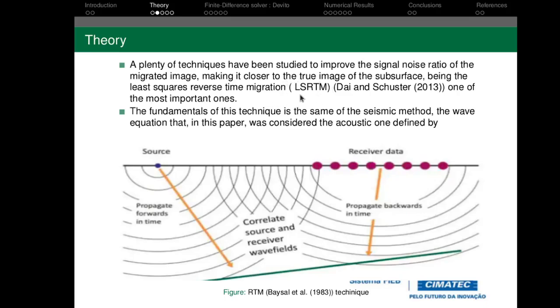So least squares RTM is a technique basically to improve this image of the subsurface by using a linear inversion. So we can improve our final image, removing this backscattering noise, and in the end having a better image of the subsurface.